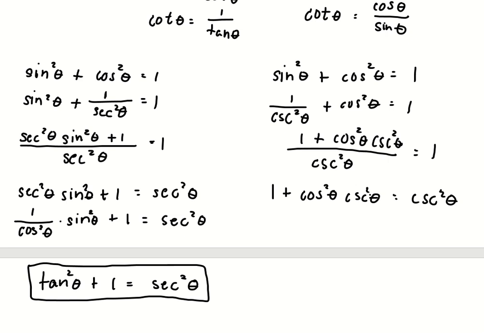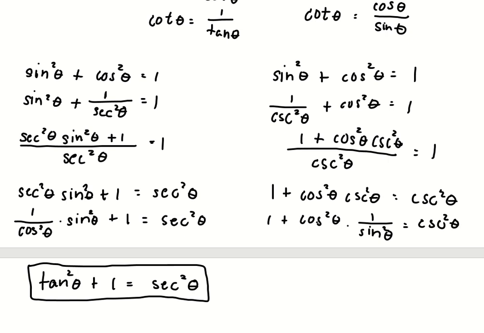And cosecant squared is of course 1 over sine squared, so 1 plus cosine theta squared times 1 over sine theta squared equals cosecant theta squared.